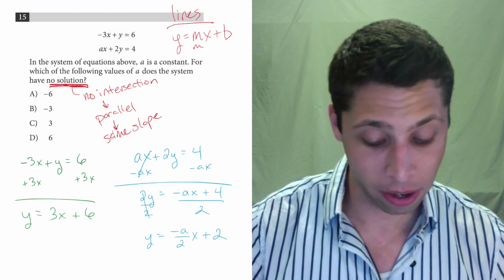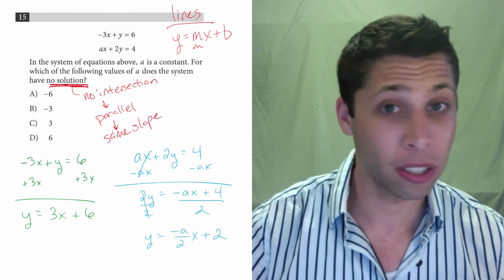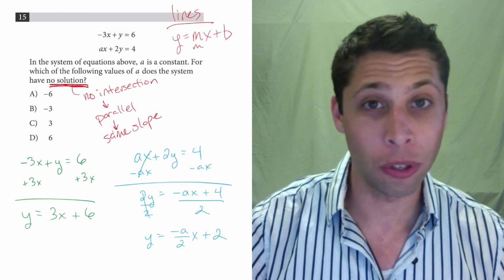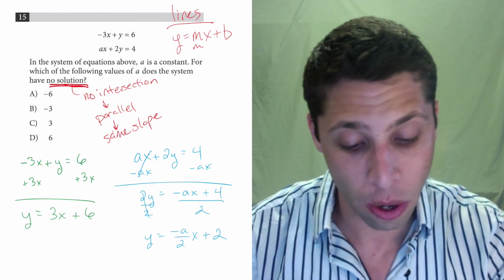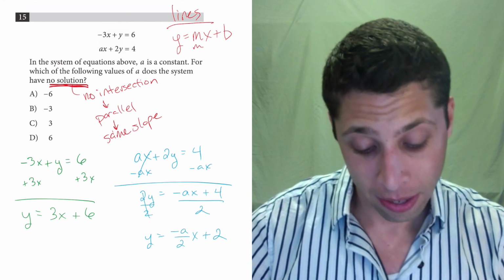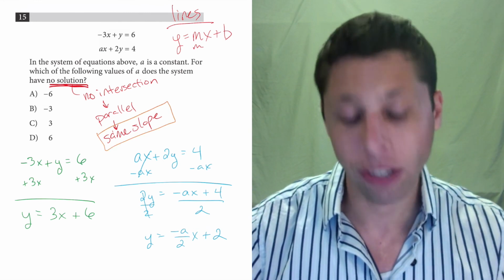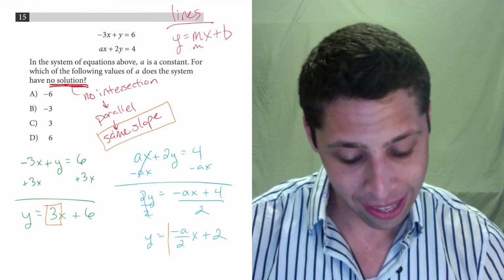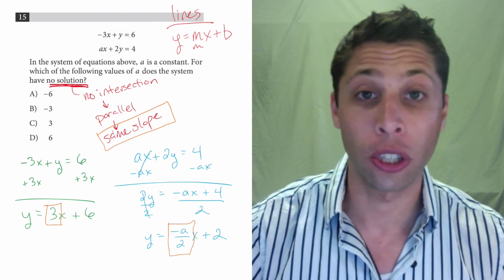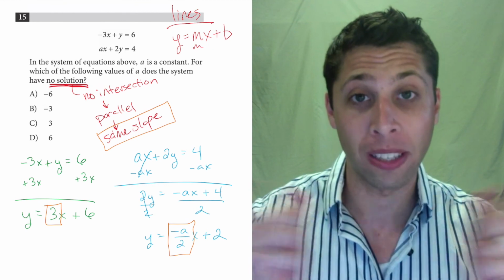So I don't care that those y-intercepts are different. Even if 4 over 2 didn't work out nicely, I wouldn't care if I had an annoying number there. That doesn't matter because I know from my question that what really matters is the slope. So I'm focused on the 3 and this negative a over 2. Those two things are supposed to be the same.